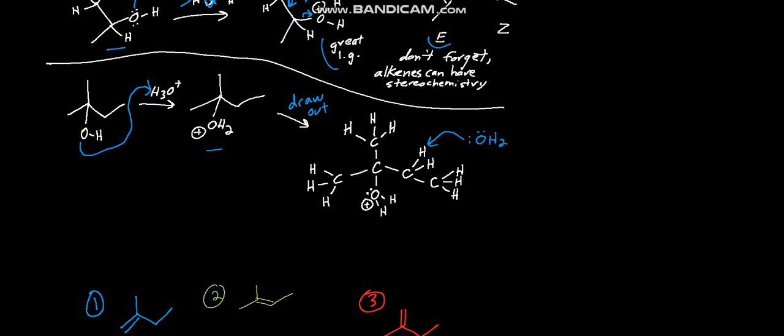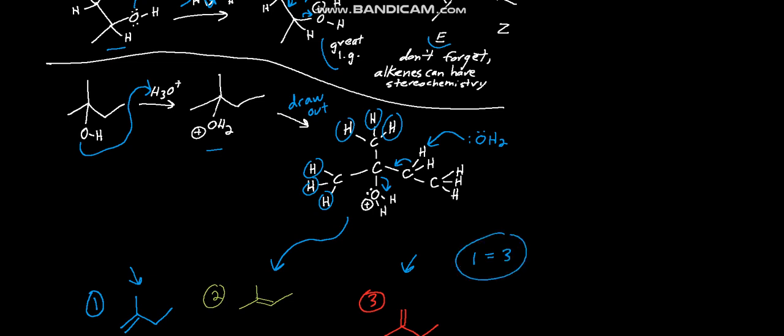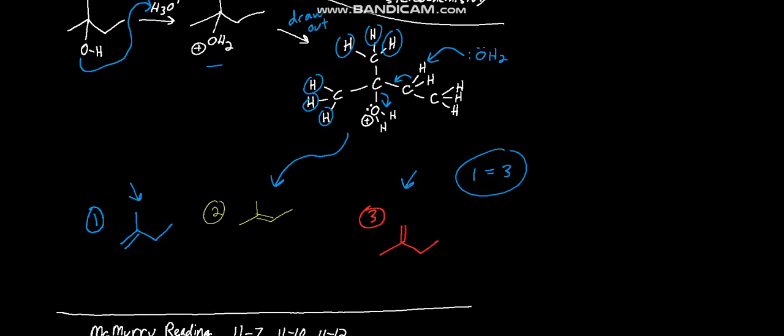You can have removal, for example, of one of those protons, and kick off that leaving group. And that would result, in fact, in product 2, shown down here. Removal of any of these other protons will result in products 1 and or 3. Convince yourselves, though, that 1 and 3 are the same in the structures. 2 is your more substituted alkene, your Zaitsev product, and probably favored in this reaction.